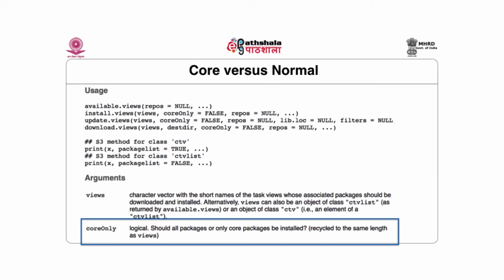So the task view not only installs the particular task view or the documentation and everything else, but through the task view, you're going to pull in all the different dependent packages also into your R installation. If you are working with a machine which has limited space, for example, limited hard disk space, then this may not be a very good idea.